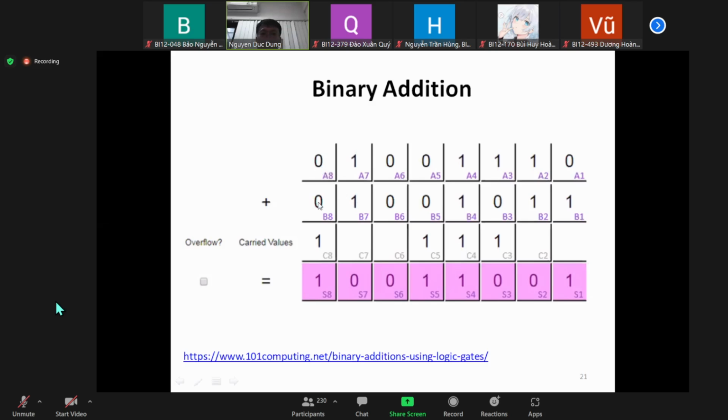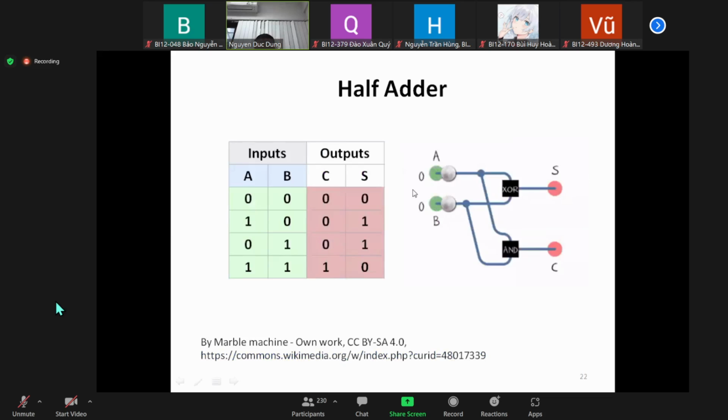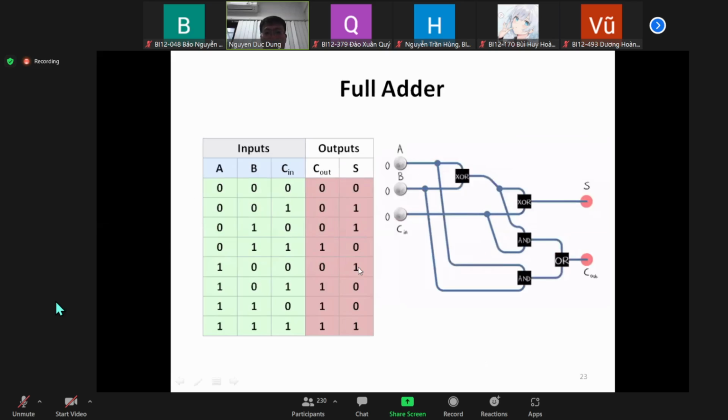One is the A input, another is the B input, and the third one is the carry value. So with 2 inputs, we design the half adder like this one. It takes 2 inputs, just 0 and 1, and produces 2 outputs. And this is the design of a full adder.